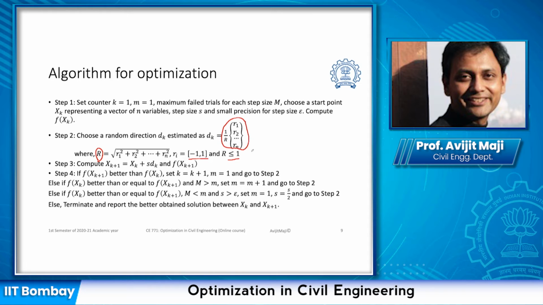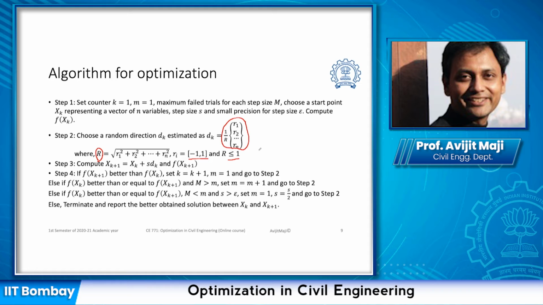The reason we set this r less than or equal to 1 is to ensure that the direction we choose is not along the diagonal of the hypercube formed around a particular point.